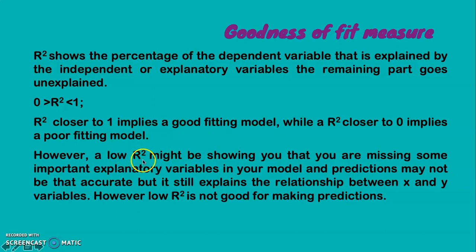However, a low R square might be showing you that some important independent variables are missing in your model and that your model cannot be used for making predictions accurately. However, a low R square still explains the relationship between your variables, but your model cannot be used for making predictions.